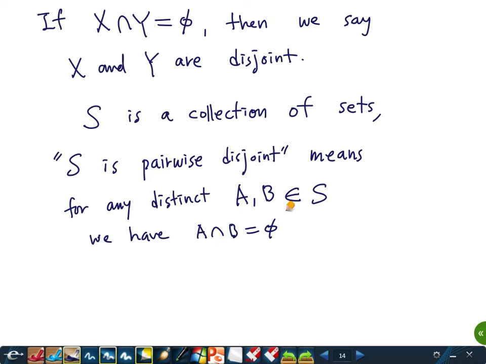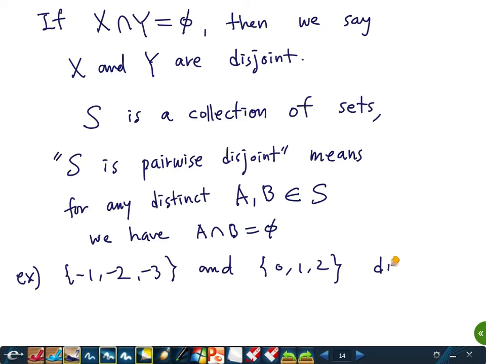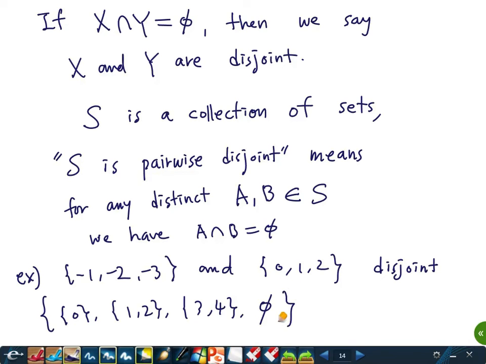So maybe some example will be helpful. The sets -1, -2, -3, and 0, 1, 2. Are they disjoint? Yes, disjoint. They don't have anything in common. And also 0, 1, 2, 3, 4, empty. So what is this?